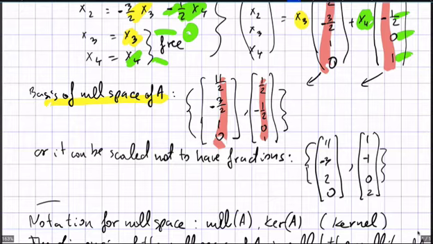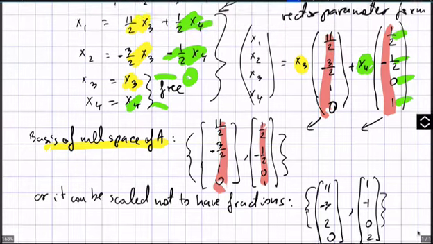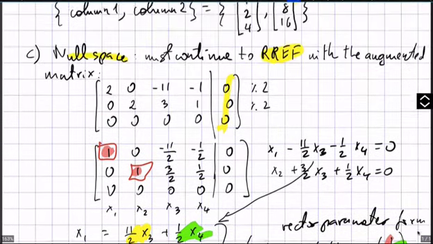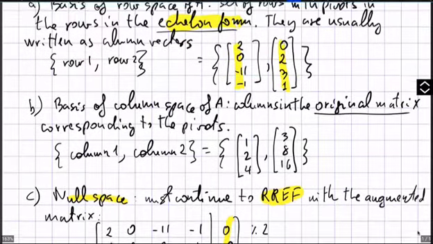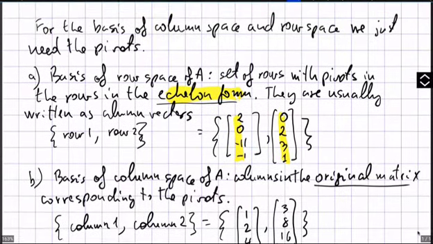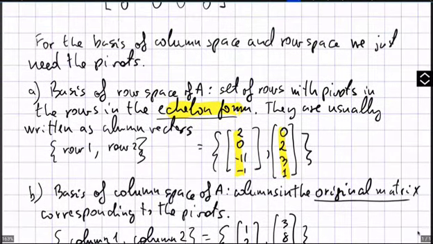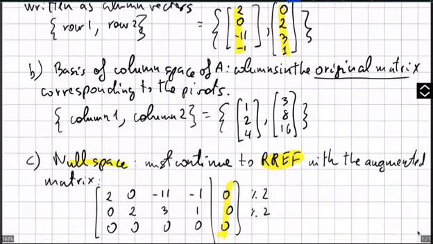For example, we can multiply both vectors by 2 to get 11, minus 3, 2, 0, and 1, minus 1, 0, 2 as the basis for the null space. So these three spaces and these three bases are important in this section: the row space, column space, and the null space.